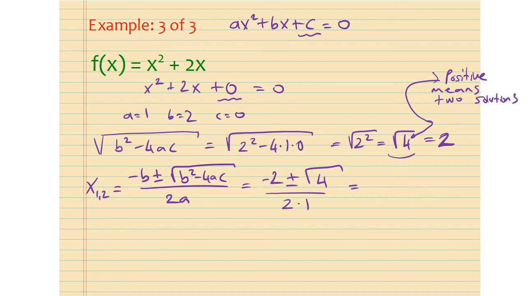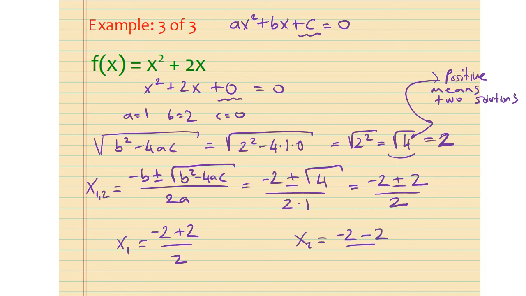We can rewrite this as negative 2 plus or minus 2 over 2. This will give us two solutions. Our x1 will be negative 2 plus 2 over 2. Our x2 will be equal to negative 2 minus 2 over 2.